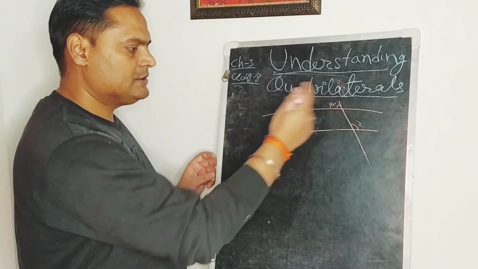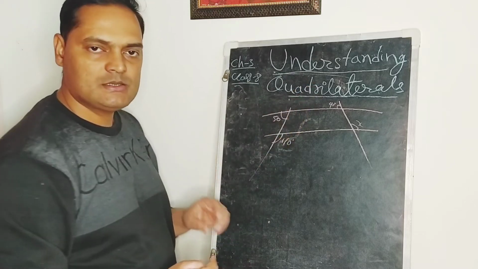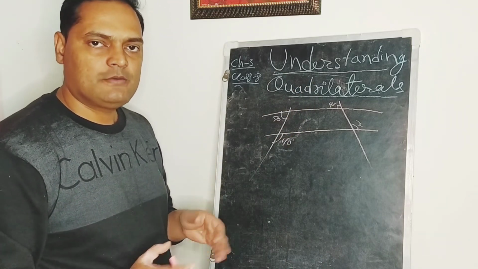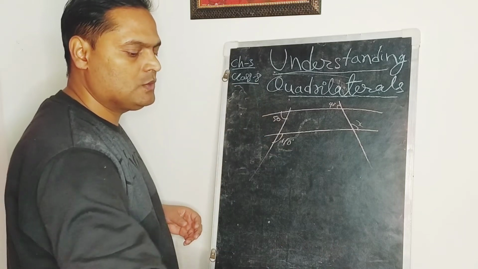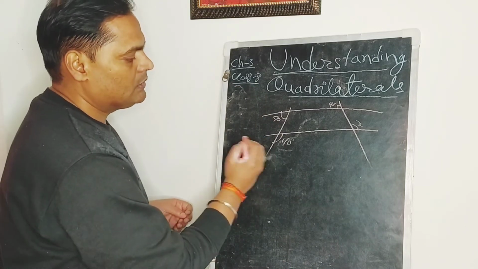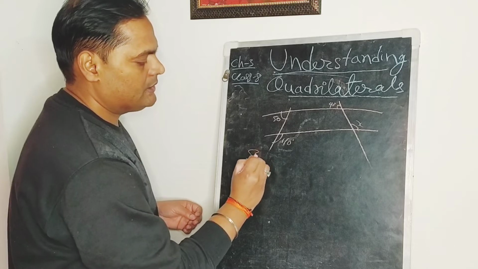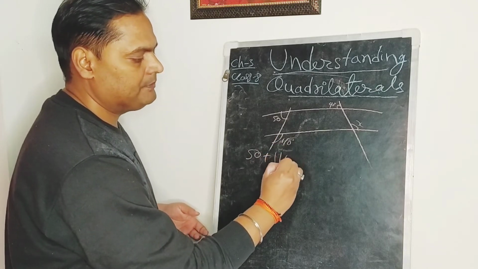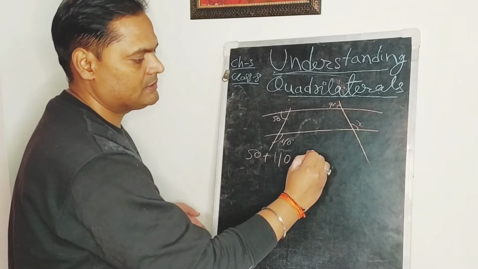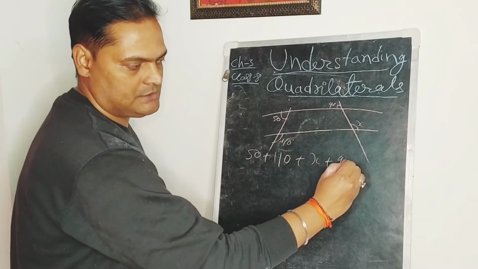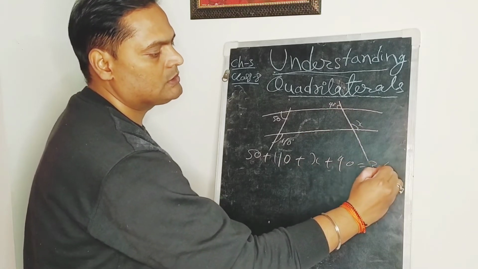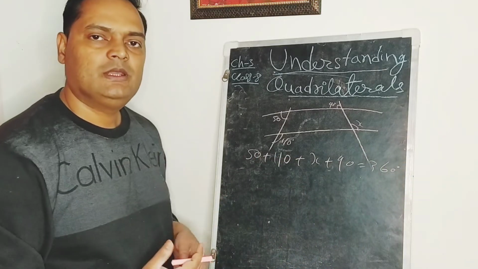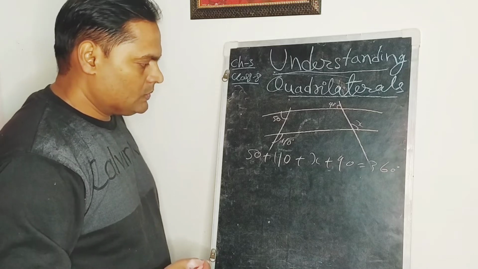What is the property of the exterior angles? The sum of the measures of the exterior angles of a polygon equals 360. So I write the angle 50, which is given externally, plus x plus 90 equals 360.